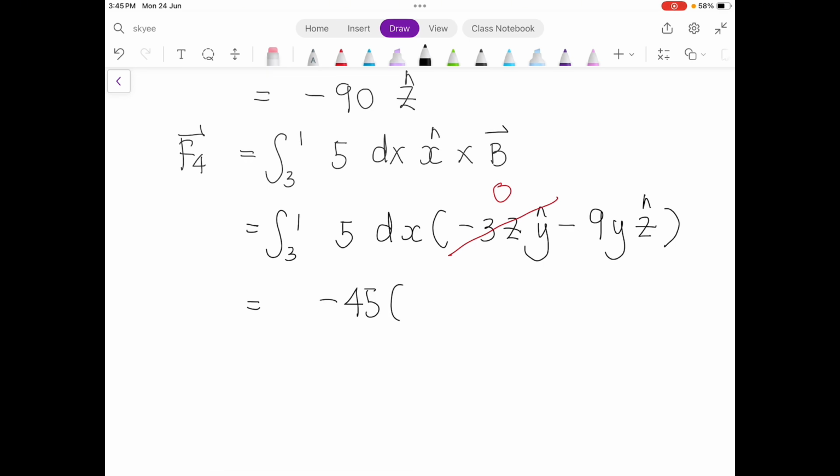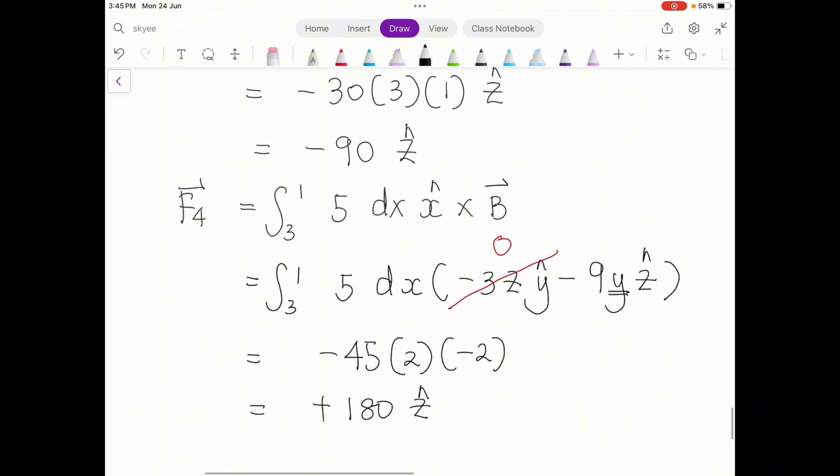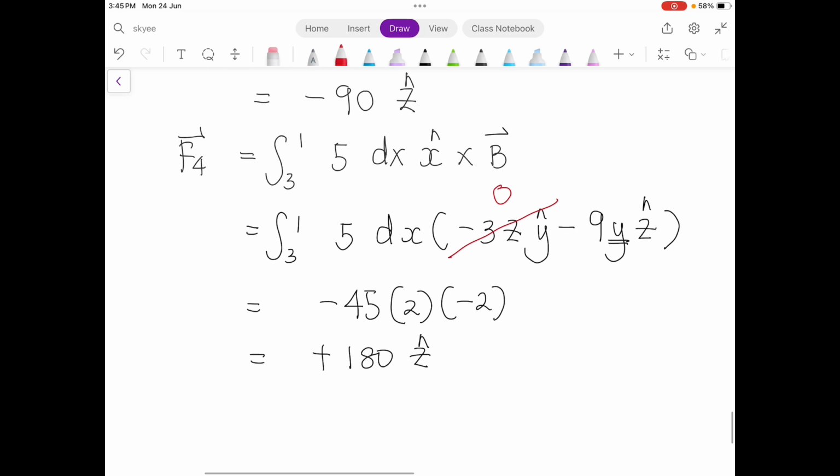And then the position, just now the y value is 2, right? Integrate this thing, you get negative 2. So it is equal to positive 180 Z.